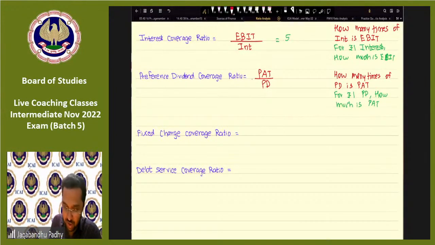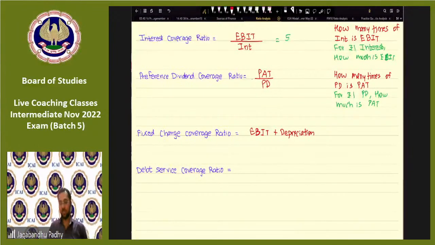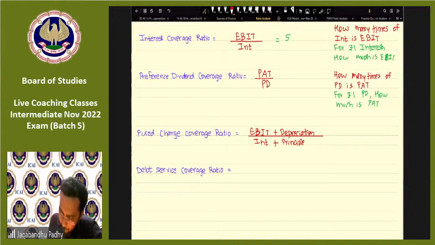This ratio says you take EBIT, and on that you add depreciation, and then divide it by interest plus principal payment, or principal due, or principal repayment, basically.